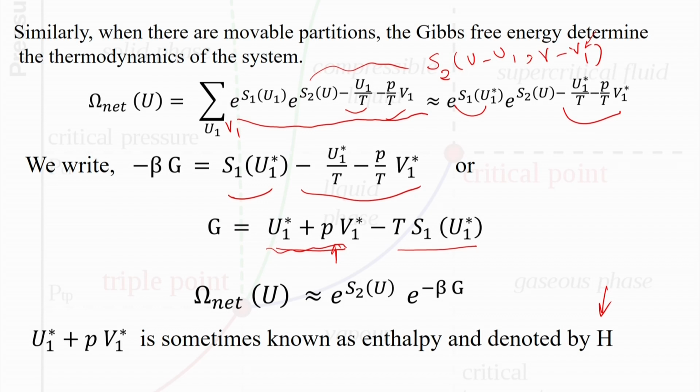It is the counterpart of internal energy when you allow volume to fluctuate, and that is called enthalpy. Just as I told you that the Helmholtz free energy is called free energy precisely because you can use it to do work, here too, this is called Gibbs free energy precisely for the same reason.